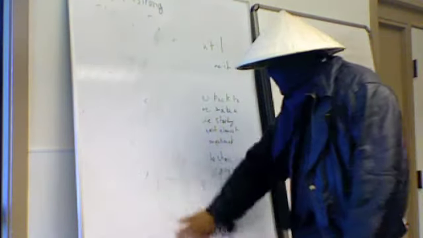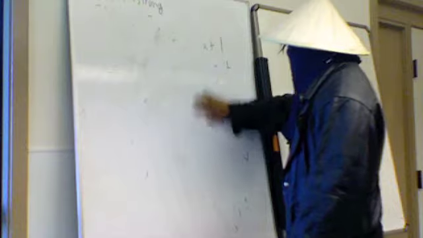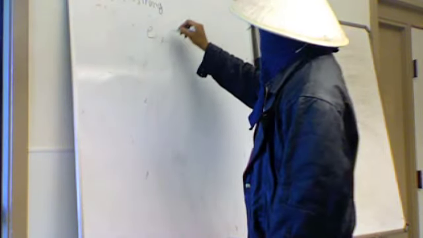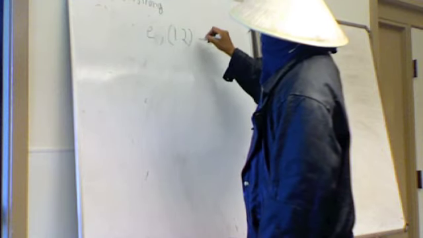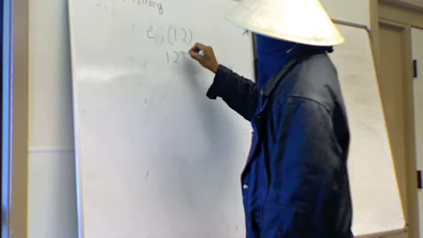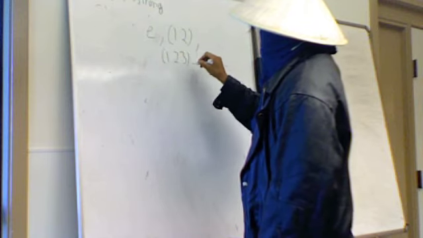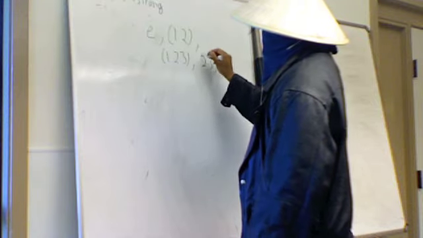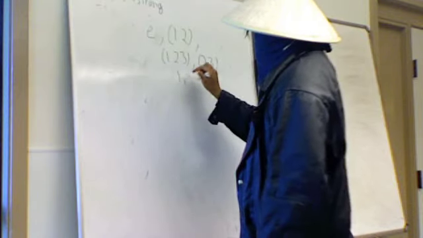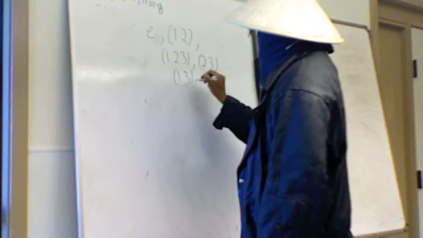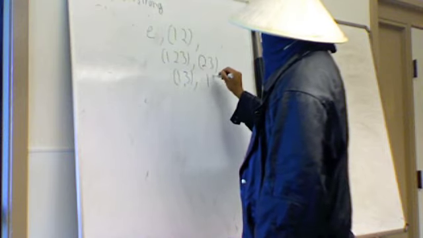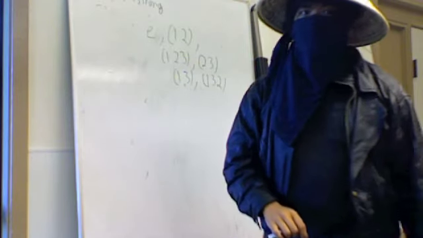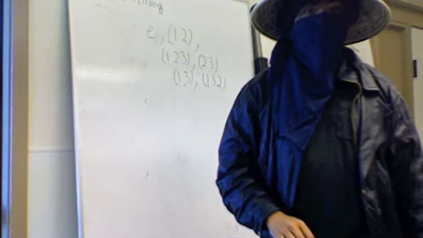For 3 objects, there are exactly 3 factorial permutations, which are E, (1 2), (1 2 3) where 1 goes to 2, 2 goes to 3, then 2 and 3 switch, 1 and 3 switch, and 1 goes to 3, goes to 2. I think this is it. Yeah, these are the 6 permutations.